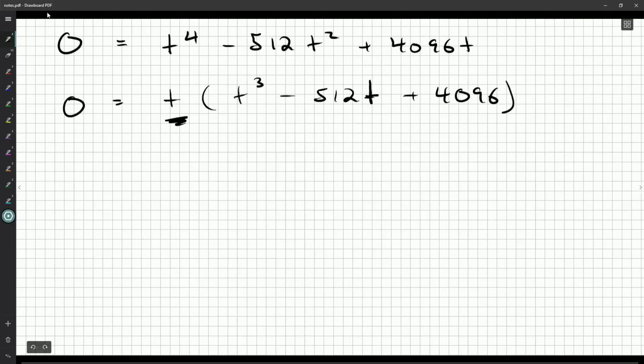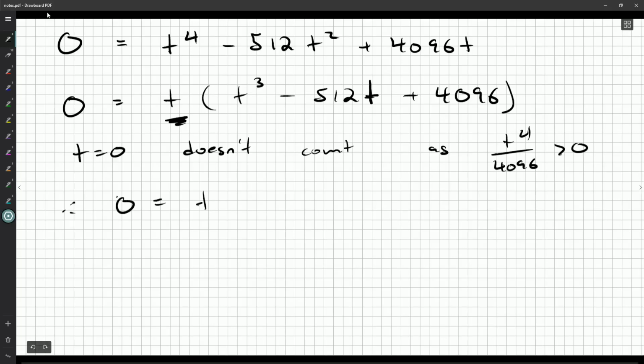So t equals 0 doesn't count, since I need t to the 4 over 4096 to be greater than 0. That tells me that t satisfies this expression, t cubed minus 512t plus 4096.